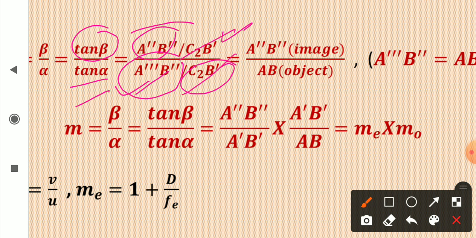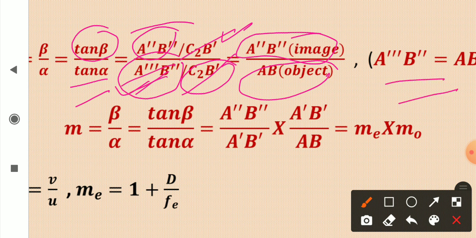Now these distances are the same, cancelled out. We get A double dash B double dash upon AB. See, by construction, this A triple dash B double dash is equal to AB.